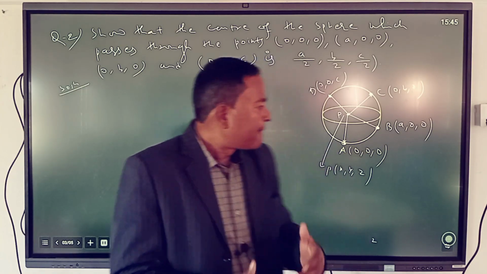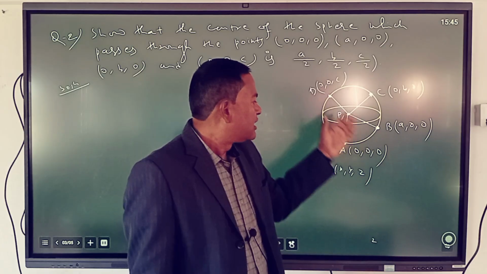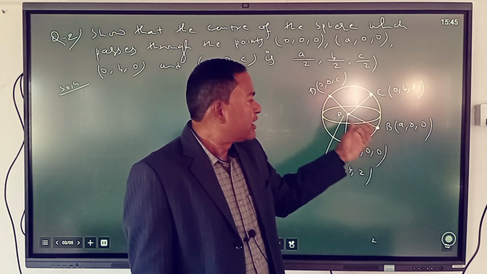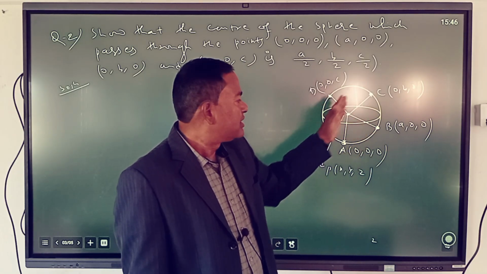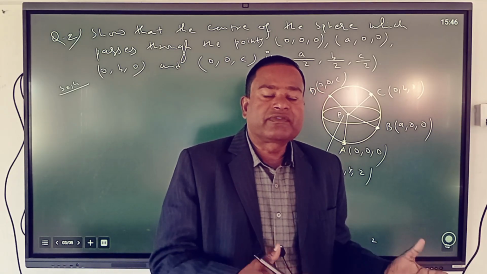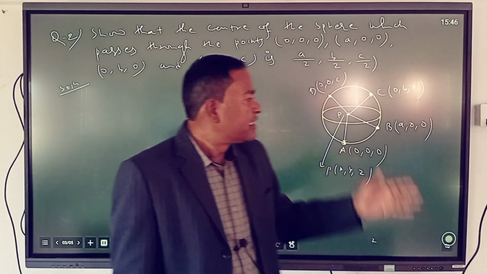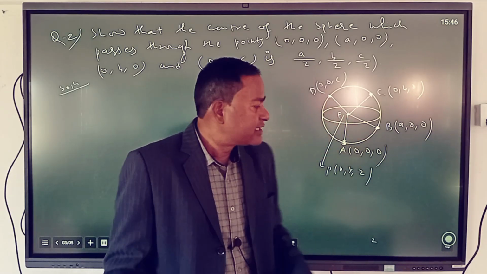Then by solving the equations, equating AP with BP, AP with CP, and AP with DP, we'll get the values of x, y, and z, that means the x, y, z coordinates of the center of the sphere. So let's solve it.